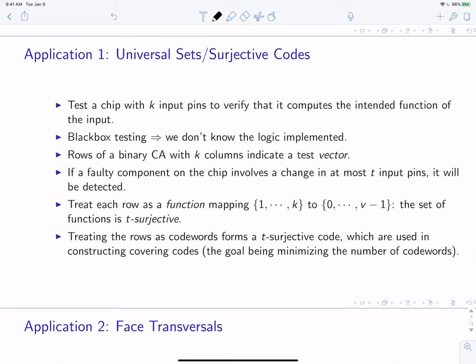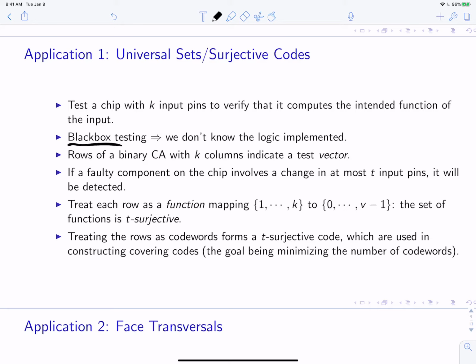So if you are doing anything hardware related, you may want to check if a circuit is actually valid. So if it actually does the right thing, you may want to test for that, of course. What we're going to assume for this case is that we don't know the internals of the circuit. We can't just assume anything. So any of the possible inputs we may need to test.